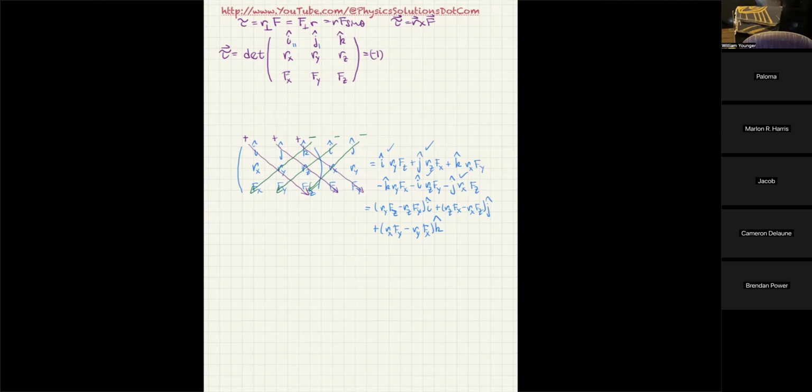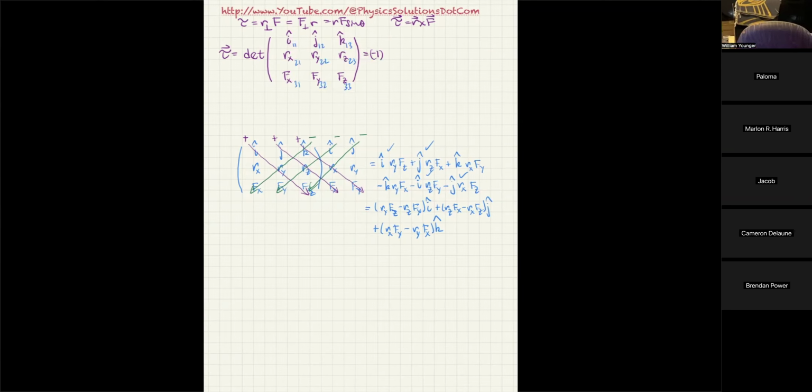This one is row 1, column 2. This one is row 1, column 3. This one is 2, 1, 2, 2, 2, 3. This one is 3, 1, 3, 2, 3, 3. So that's just the index notation that we use. The first number is the row number, the second is the column. So row by column is what we're talking about here.